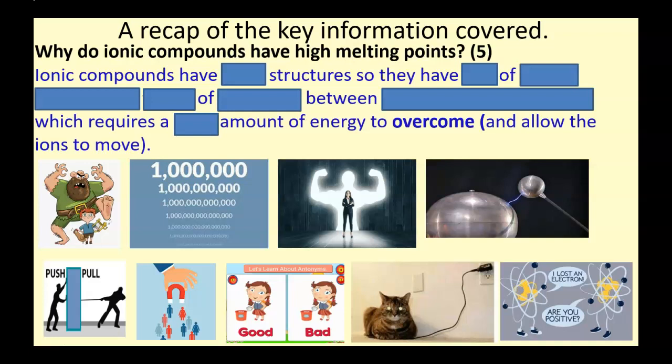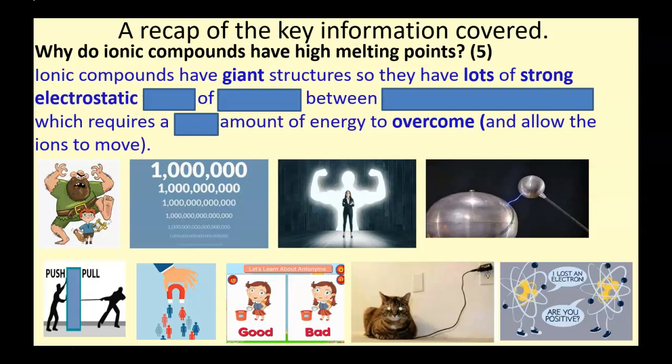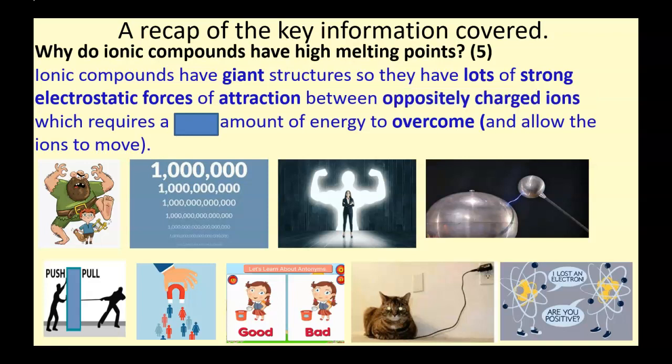So Jack and the Beanstalk, so they have giant structures, so they have a very big number, so lots of, again our picture representing strength, so strong electrostatic forces of attraction between opposites, so oppositely, and here's a cat being charged up, so an ion, so oppositely charged ions which require a lot of energy to overcome to allow the ions to move.